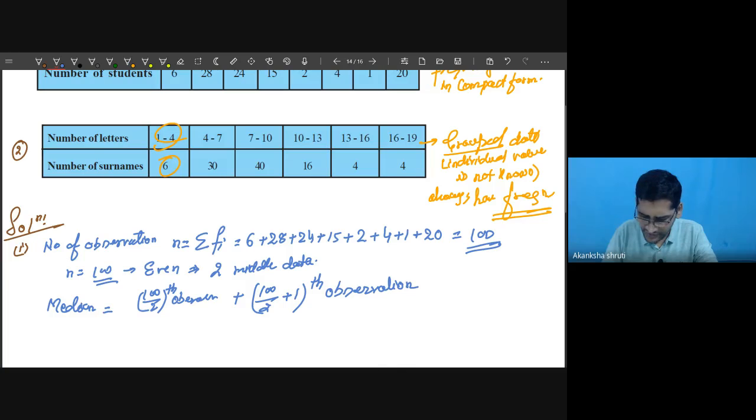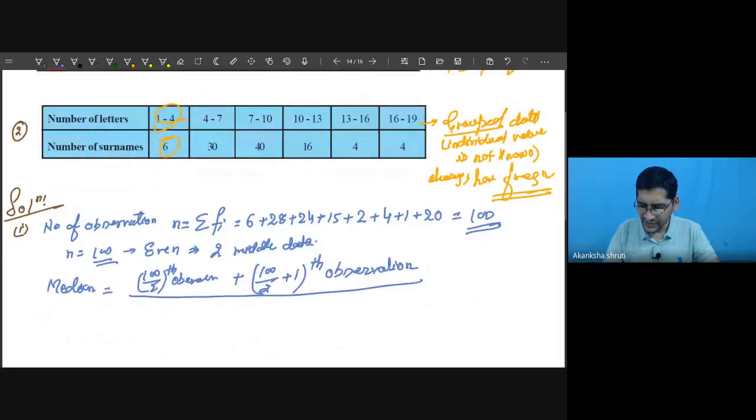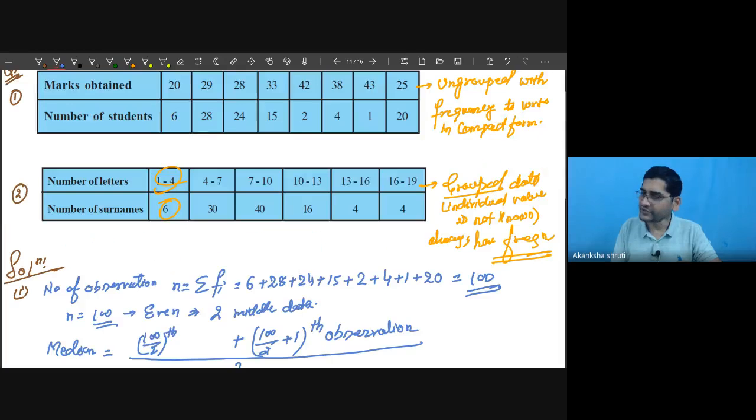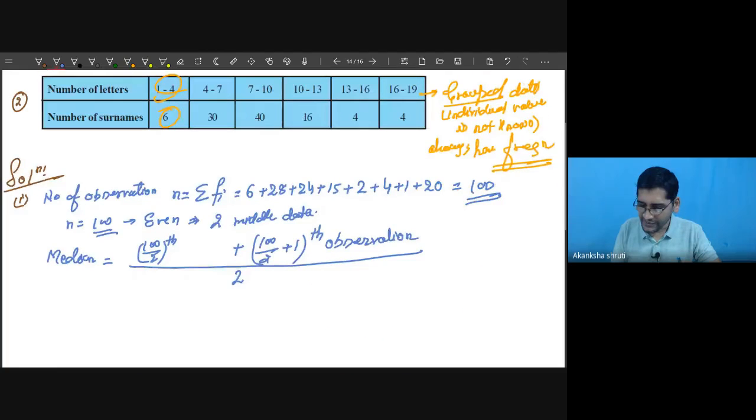So these two observations, first we have to find from this table. Then we will divide by 2. Surely we will get it, so please keep patience for this question. Otherwise, you can draw the cumulative frequency. By that way, we can get it easily. But why that is required, we can understand from this one.